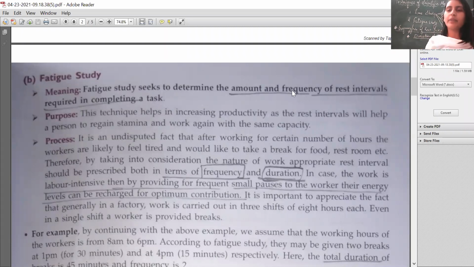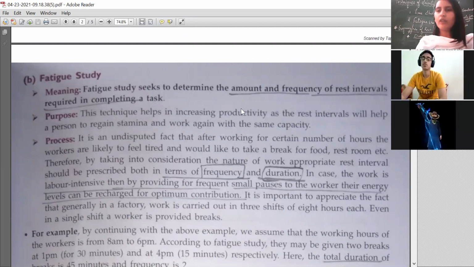For example, when you are in the school, I'm not sure about the school, any one of you can help me out for this. How many times do we have a break here in the school? How many times in a day? One time only. Okay. For how long?